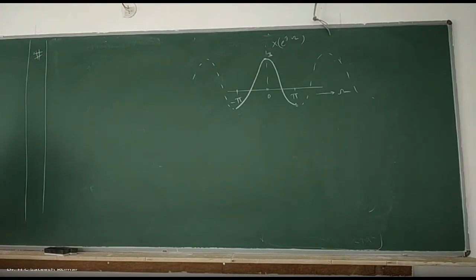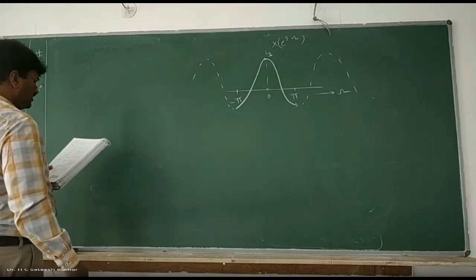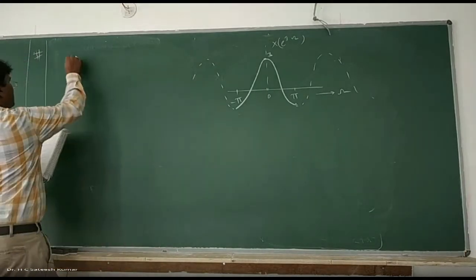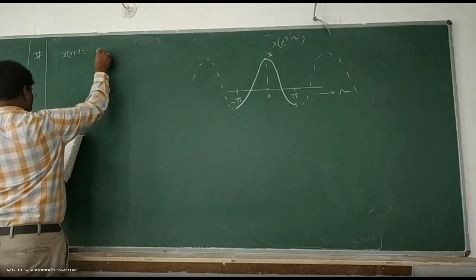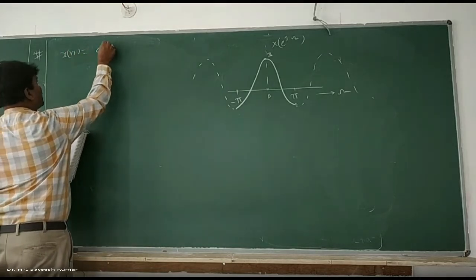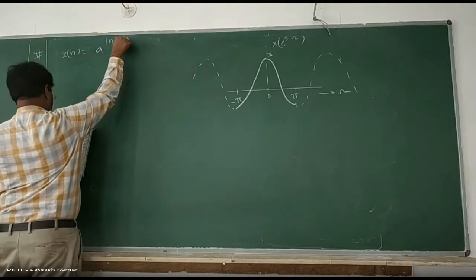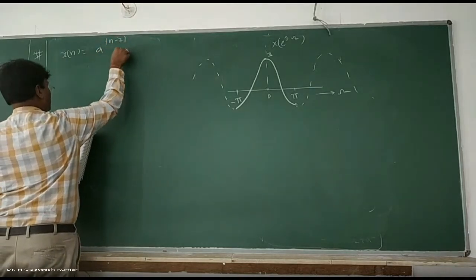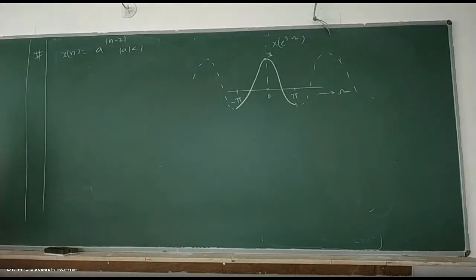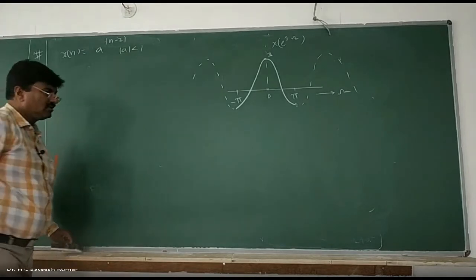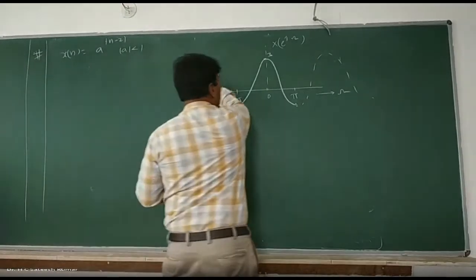Determine the DTFT of the signal x of n is equal to a to the power of mod of n minus 2, for magnitude of a less than 1. Anyhow, if it is not given that mod of a is less than 1, we will assume that. Otherwise, the DTFT does not exist.